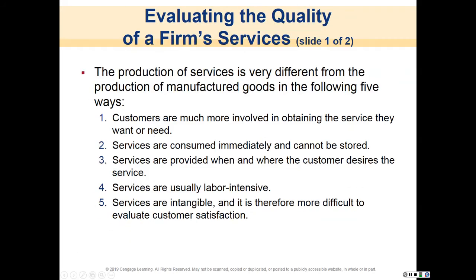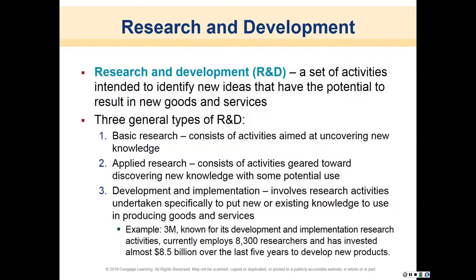Another thing that we're going to talk about real quickly is a little bit of research and development. They're listing three types of research and development. The third one, I would say, is really just an extension of the first two. So there's basic research, where we're just trying to uncover some new knowledge in general.